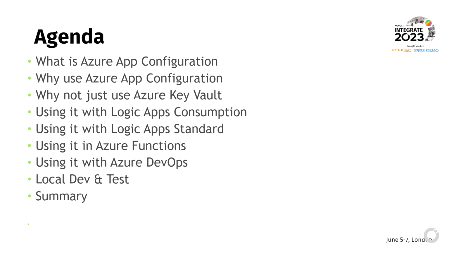Using it with Azure Functions, both the in-process and the isolated. And then the big one that I use a lot is with DevOps, being able to pull that information of where is my function host, where is my Logic App Standard host, where's my storage account, where's my API management, all of those kind of things. And a little bit on the local dev and test.